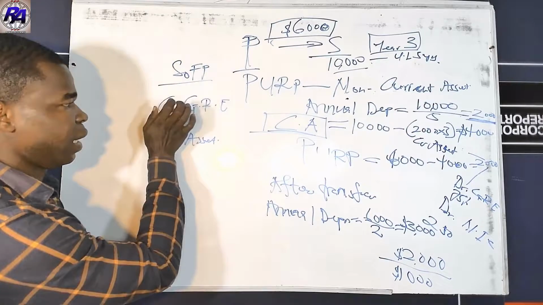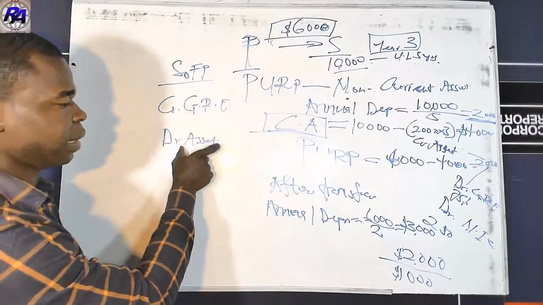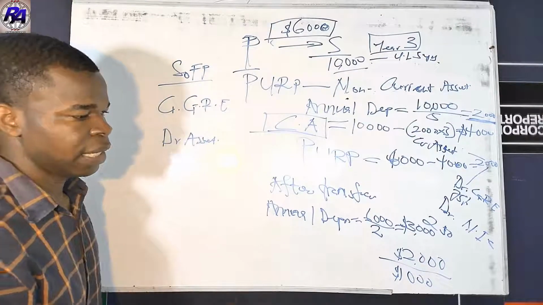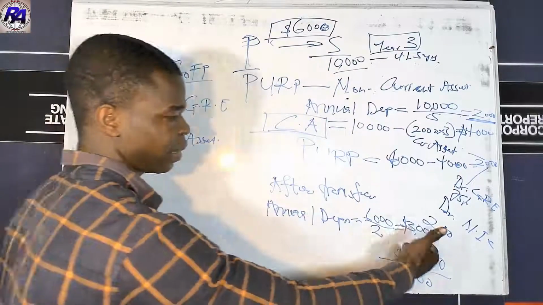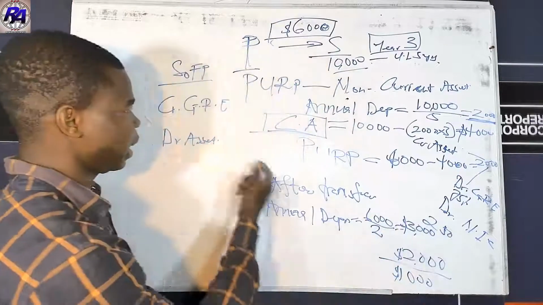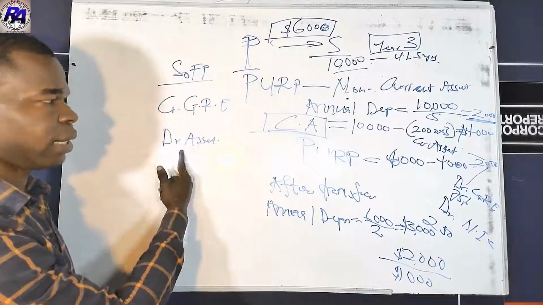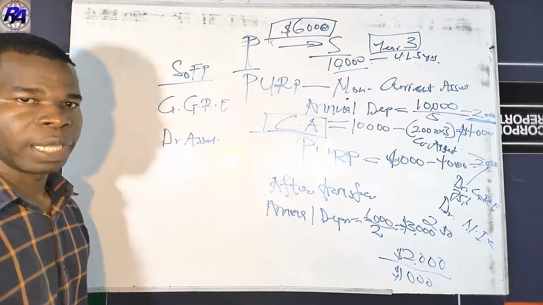So we debit the asset account and then credit group retained earnings if the depreciation is overcharged. There can be instances where it is undercharged. If it's undercharged, then we do the opposite: we credit the asset and then debit the group retained earnings.